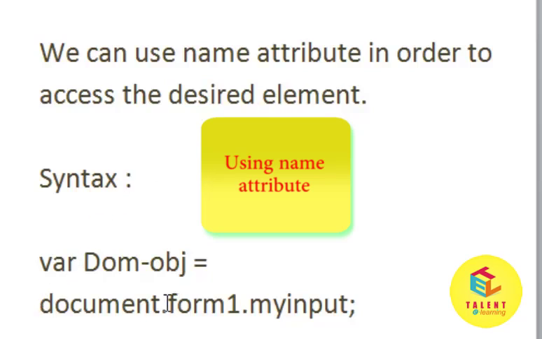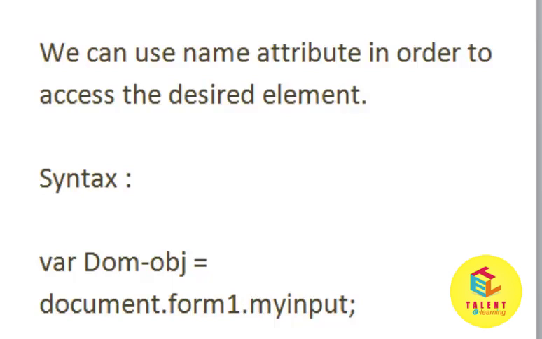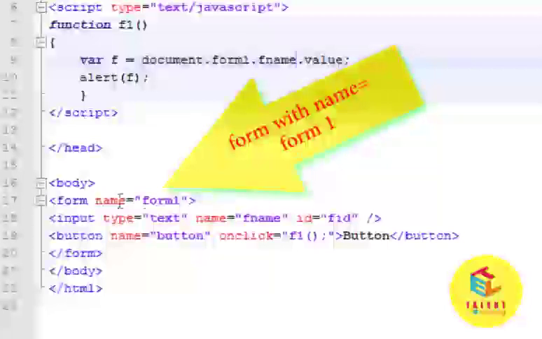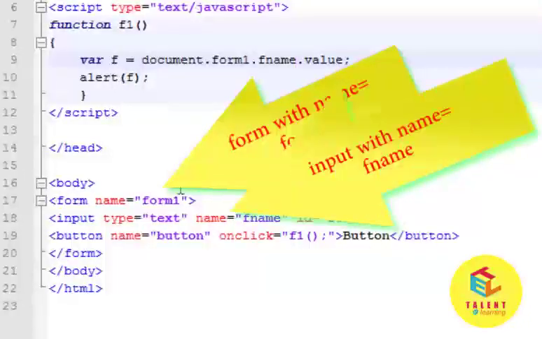First document, then dot name of form, then dot name of element. Let's see the example. So this is the example. Here this is the same form as we have seen in our previous example.